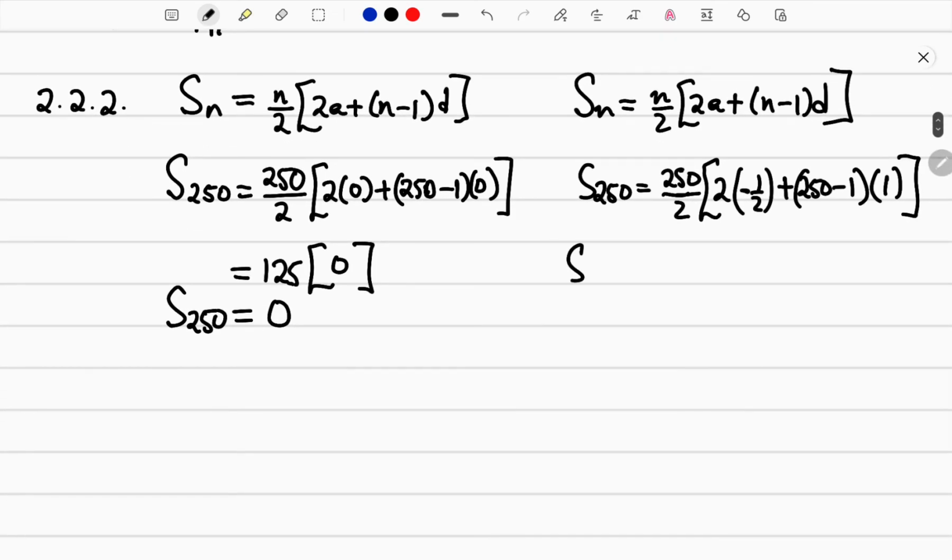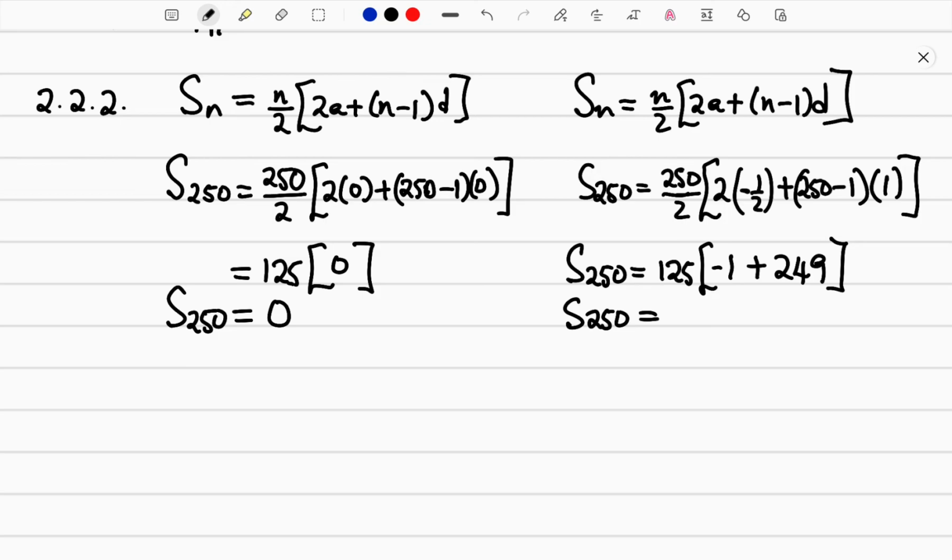Let's see what we're going to get then. Equals 125 times negative 1 plus 249 times 1, which is 249. So we still have 250 there, which is the answer. What's going to be the answer? 125 times 248.